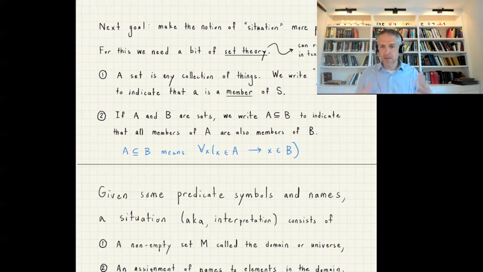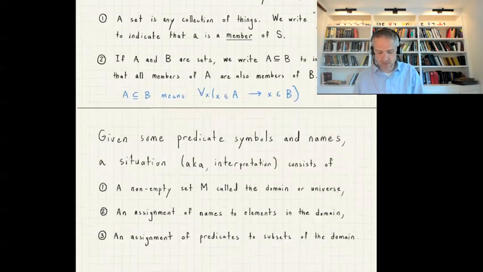Real life situations, like look around you, look behind me, have lots of structure, right? There are objects, they have relations between them, they have properties. But the idea behind a set theoretic situation is we strip away a lot of the superficial features and just take the bare bones structure of how many things there are, and then we add back in a few relations between them. So that's how we're going to describe a situation.